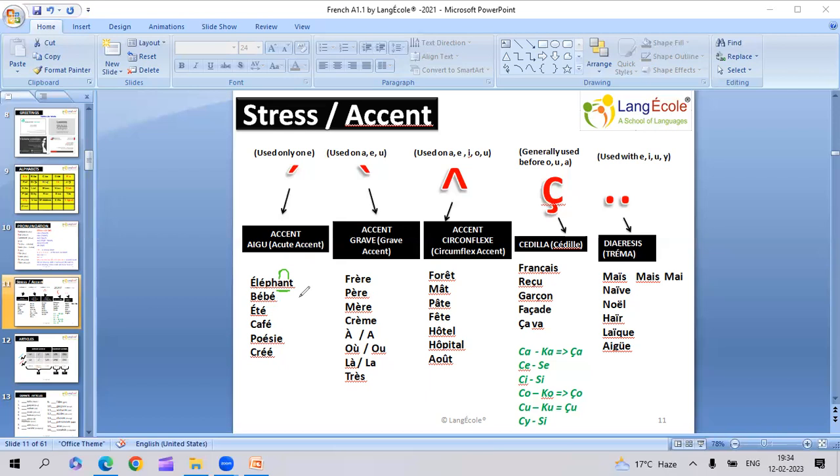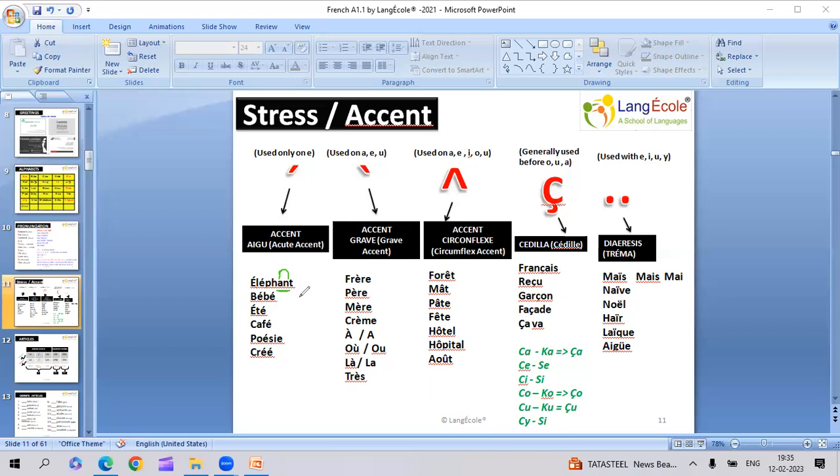With or without accent grave on A, it will be pronounced the same. With or without accent grave on U, it will be pronounced the same. But why have we put it? Because it will mean something different.